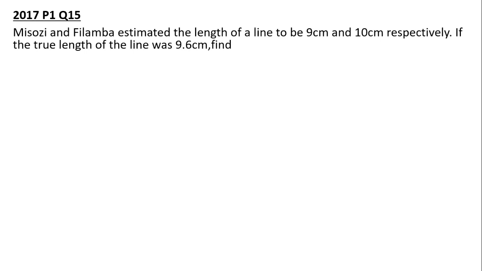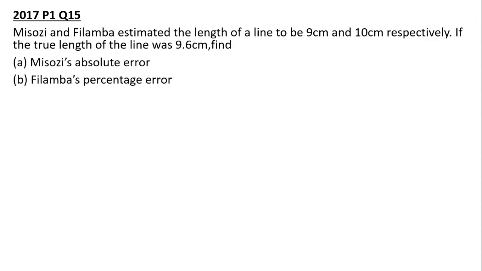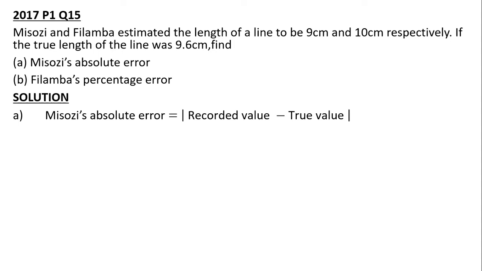2017. Misozi and Filamba estimated the length of a line to be 9 centimeters and 10 centimeters respectively. If the true length of the line was 9.6 centimeters, find Misozi's absolute error. Find Filamba's percentage error. So we are going to start. Misozi's absolute error is equal to the modulus of the recorded value minus the true value.